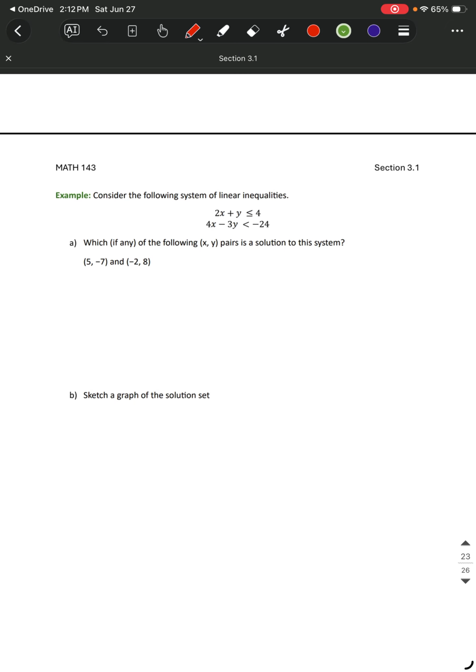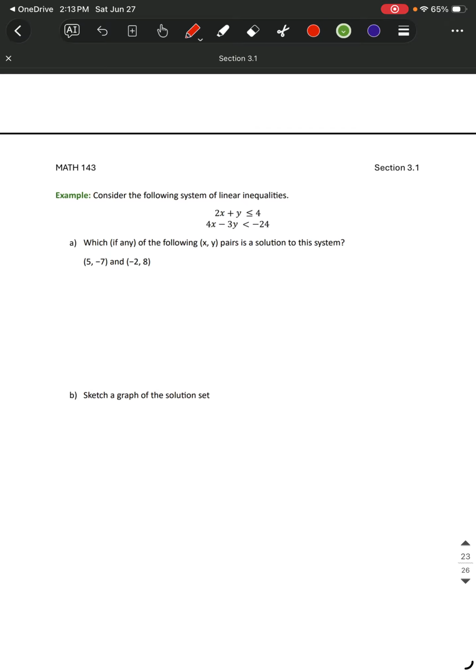So then which of the following xy pairs is a solution to this system? How to find it out? Given two solutions are satisfied the inequalities or not.